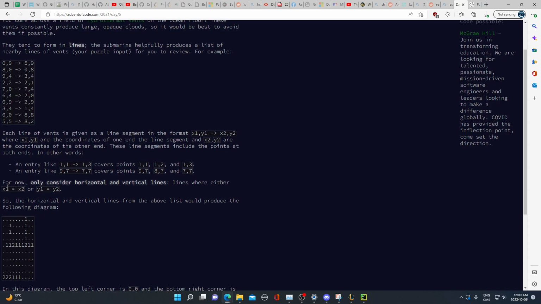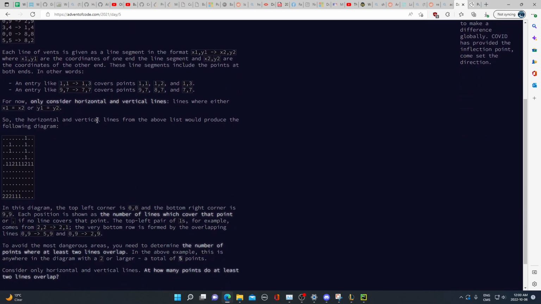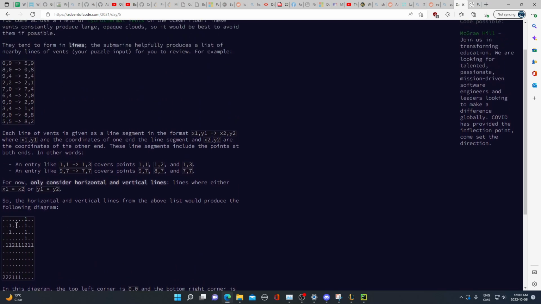For now, only consider horizontal and vertical lines. Okay, so there will be diagonal lines in the future. Lines where either x1 equals x2 or y1 equals y2. So horizontal and vertical lines from the above list would produce the following diagram.